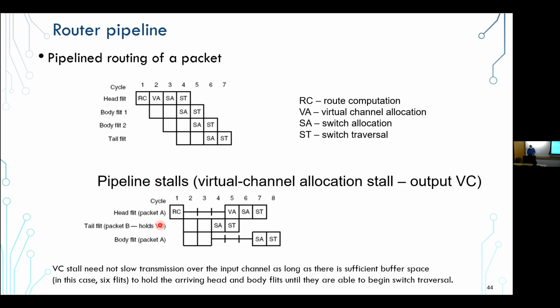And so you could have a situation where the head flit does the route computation, right? And then it has to wait for the virtual channel to be allocated, because now that it knows where it's going, it sees that there's some resource that's not available, so it needs to wait until that resource becomes available, and then it can do the other steps, right?